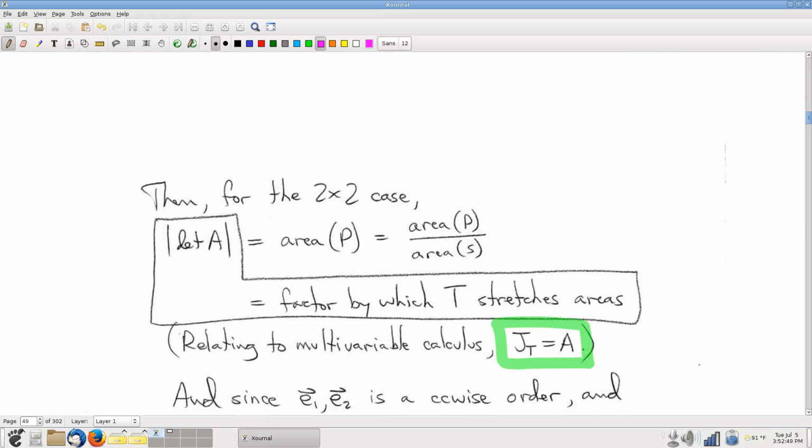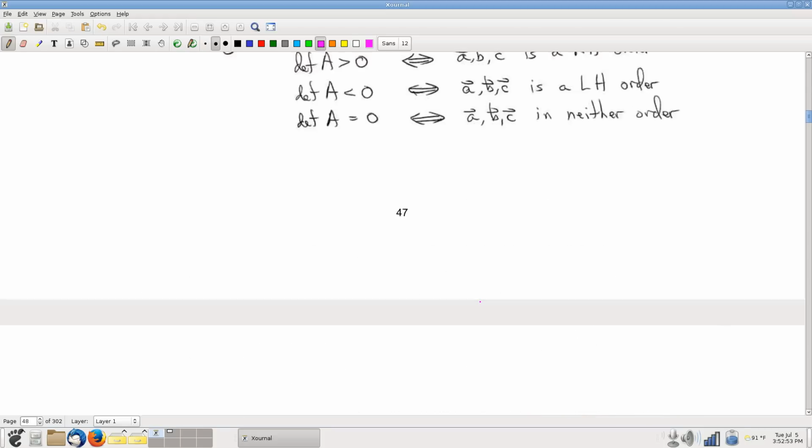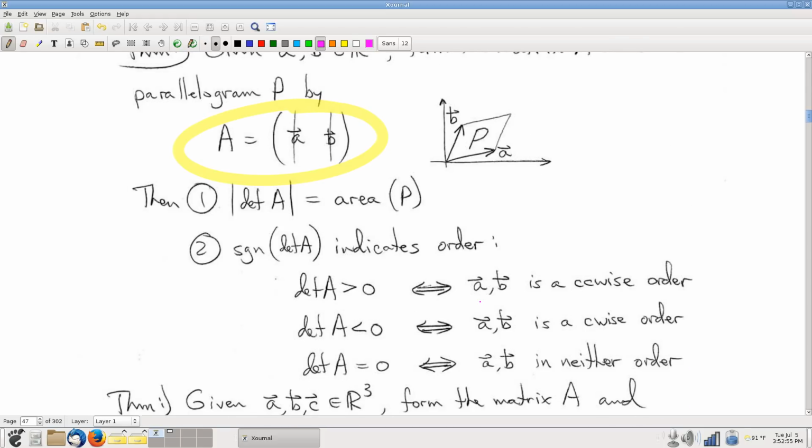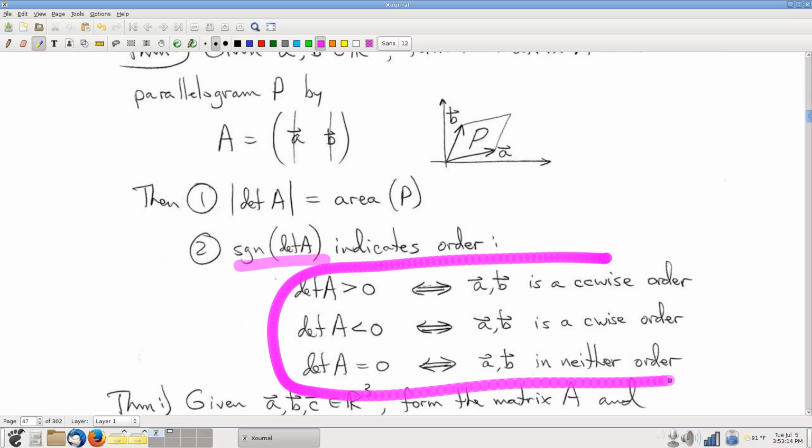Okay. All right. Now, what about this old fact about order? So we've seen a new interpretation of the absolute value of the determinant, no longer as an area, but now as an area stretching factor. What about the sign of the determinant? Well, our old point of view on that was that it gave us information about the order.